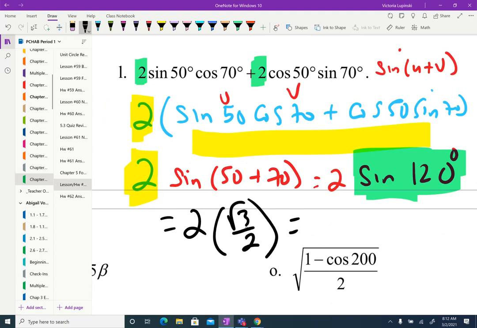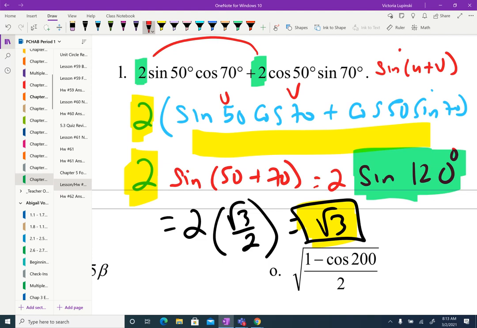And because you're doing 2 times radical 3 over 2, that simply reduces to be the square root of 3. So again, all you're trying to do here is formula manipulation. And again, notice that because I factored those 2 out of the beginning, you can slightly manipulate the problem by factoring things out if needed.